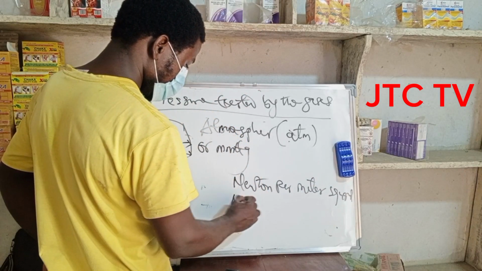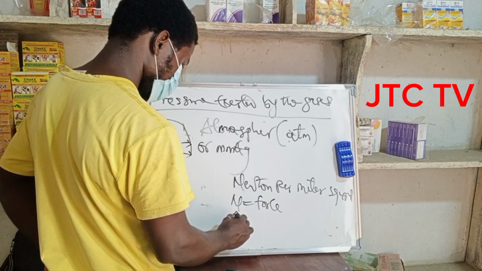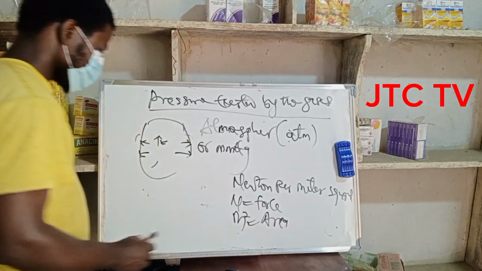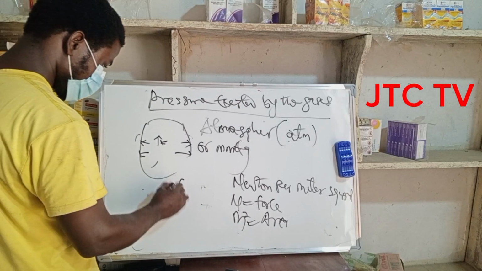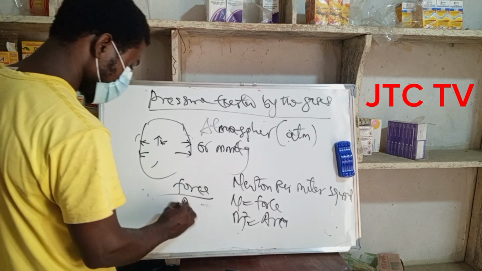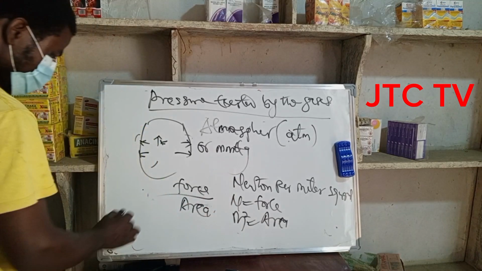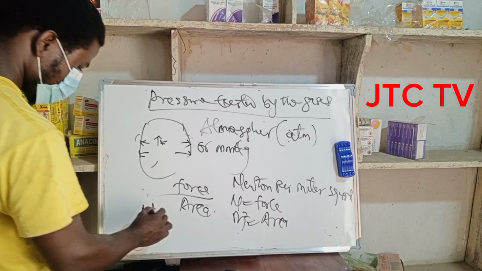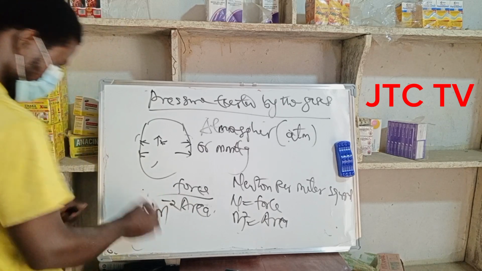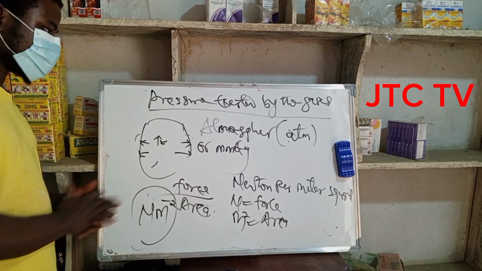Newton is the unit of force. Meter square is the unit of area. So we said the pressure is the force exerted per unit area. So the unit of force is Newton, the unit of area is meter square. So this is the standard unit for measuring the pressure of a gas.